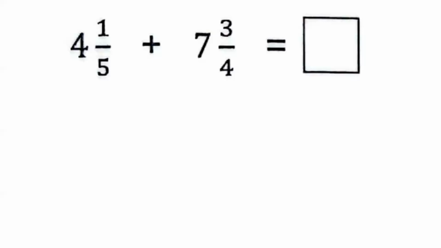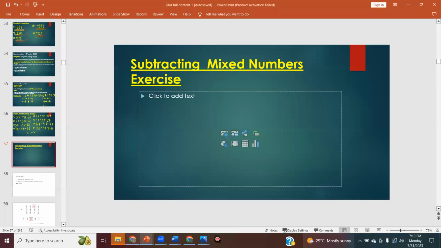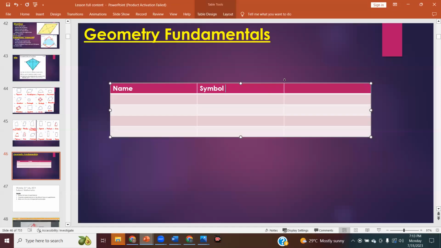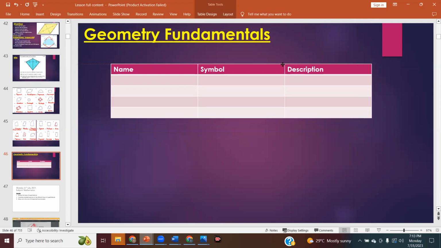Okay. So the first one is name, the second one is symbol, the next one is description. So the first one is the point.